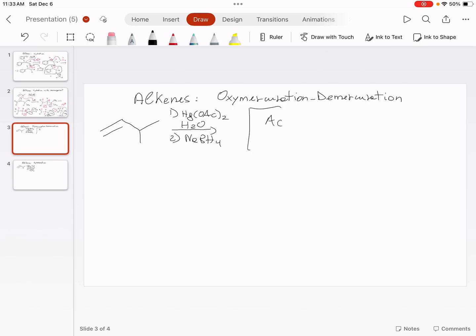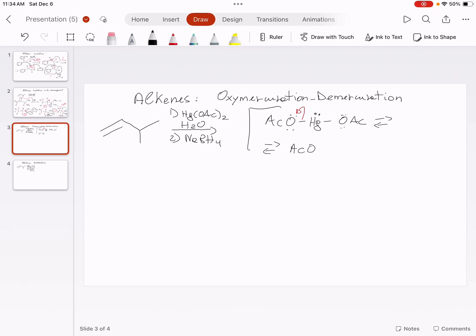Under the reaction conditions, it pretty much dissociates into two things. So the bond between mercury, which very importantly has a lone pair, and one of the oxygens breaks, and it gives us two kinds of compounds.